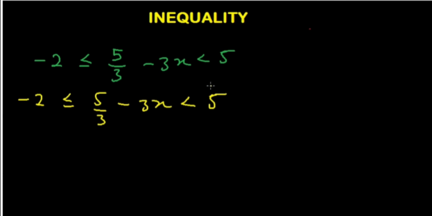What you can do instead of splitting it up and taking time is, since this is in a fraction mode, you can multiply everything by 3, so I can get this a straight line. So I'll have minus 6, then that 3 will cancel this 3 here. I'll have 5 minus 9x, then less than 15.